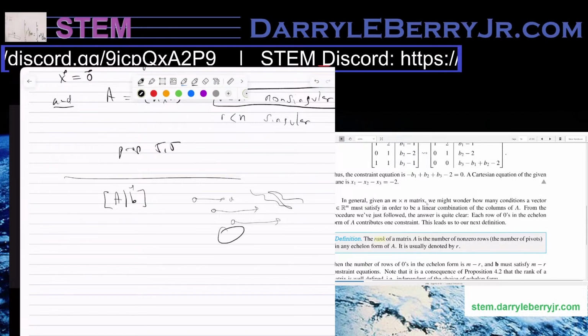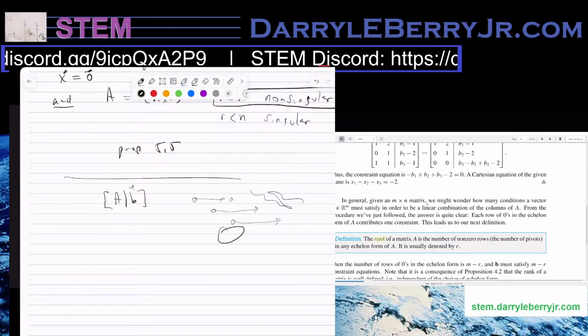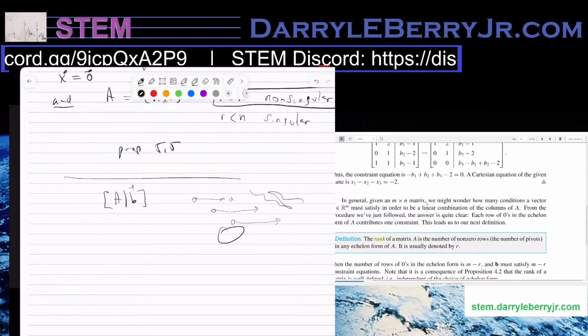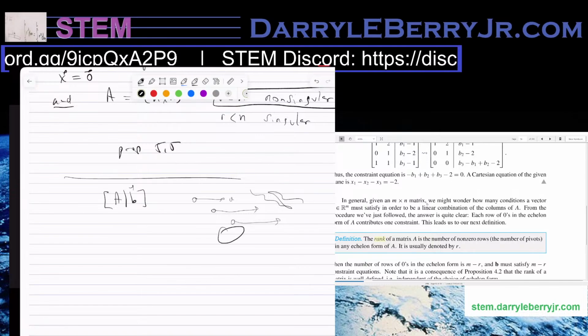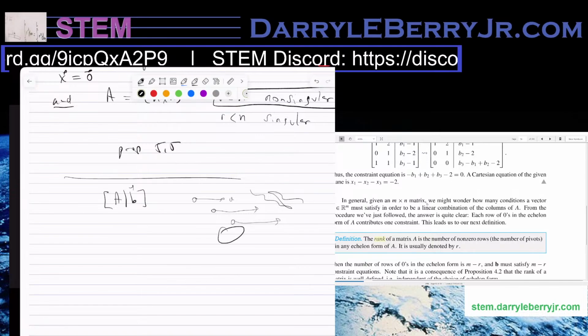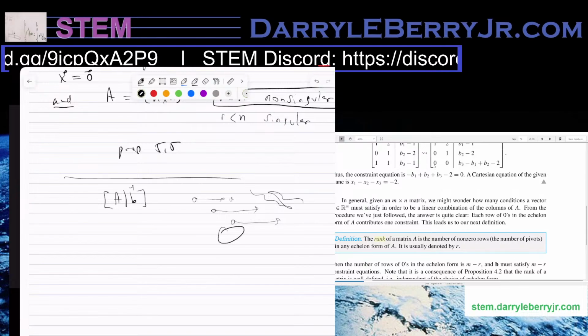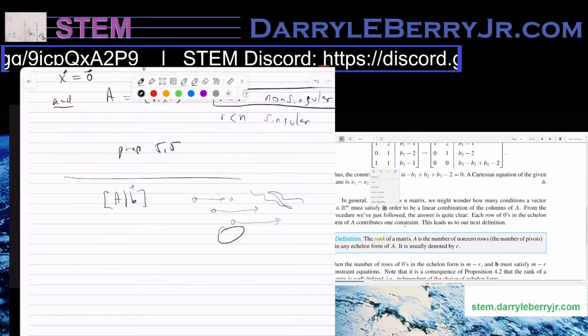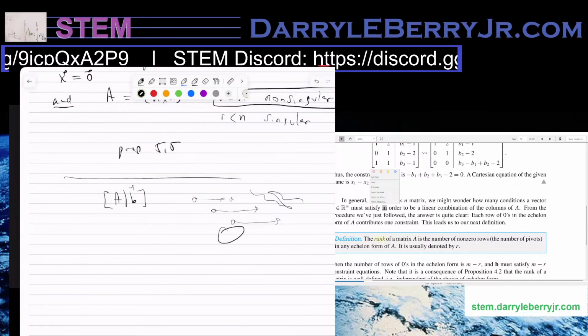From the procedure we've just followed, the answer is quite clear. Each row of zeros in the echelon form of A contributes one constraint, because in order for all of that to equal zero, something particular must happen. This leads to our next definition.